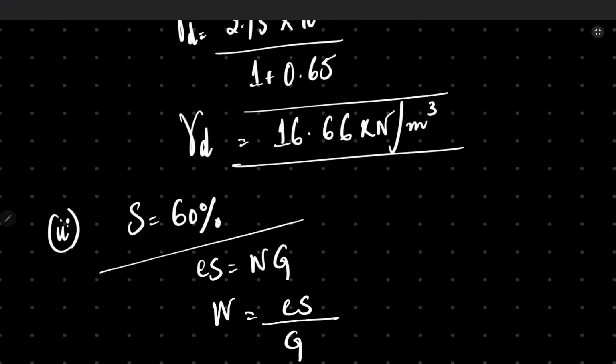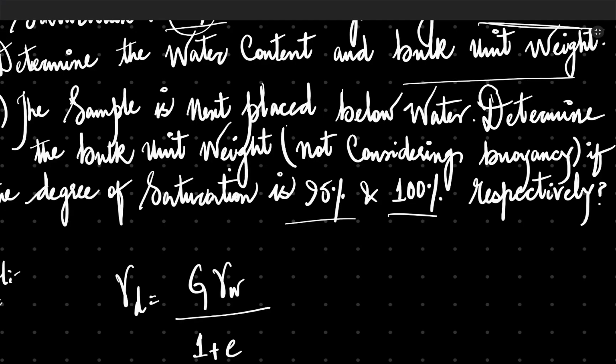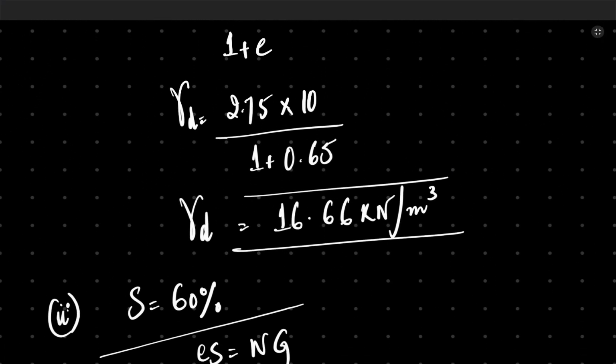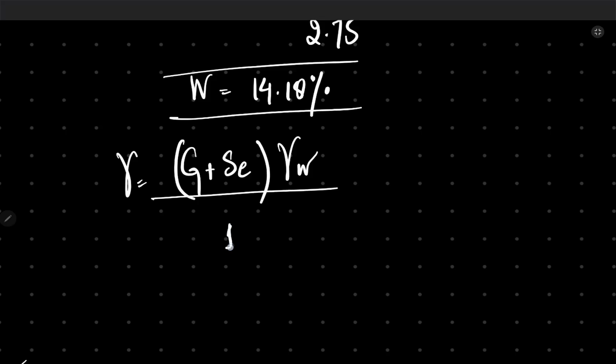The next thing it asks us to find is the bulk unit weight. All right, bulk unit weight as per the generalized equation is G plus Se times unit weight of water over 1 plus e.